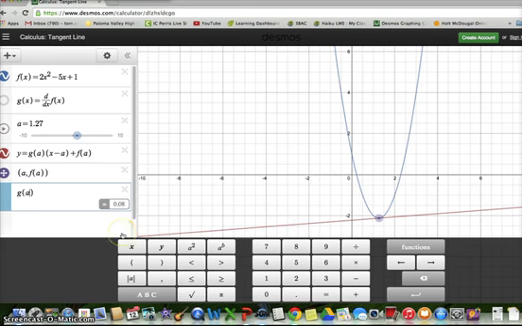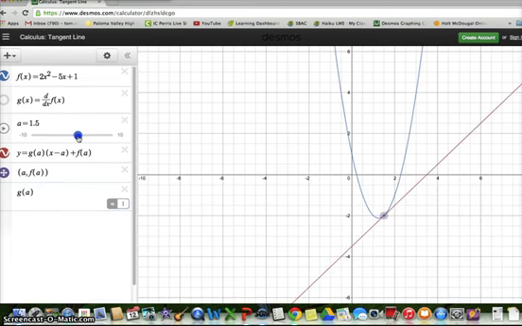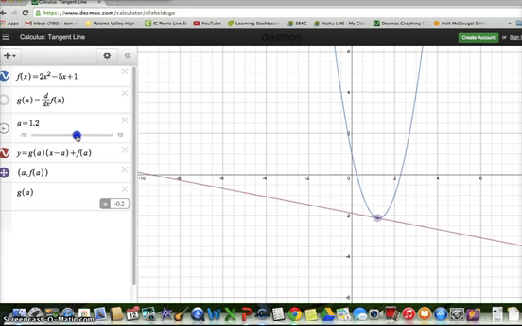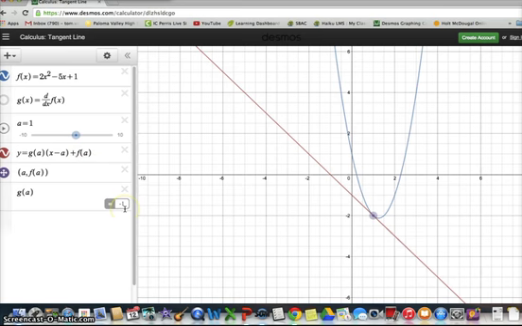So check in there. You can see as I move the a, which stands for x, let's say I move it to 1. If you look down here, my slope is -1. On the one that I just did on the previous slide, that's what we got for x equals 1.